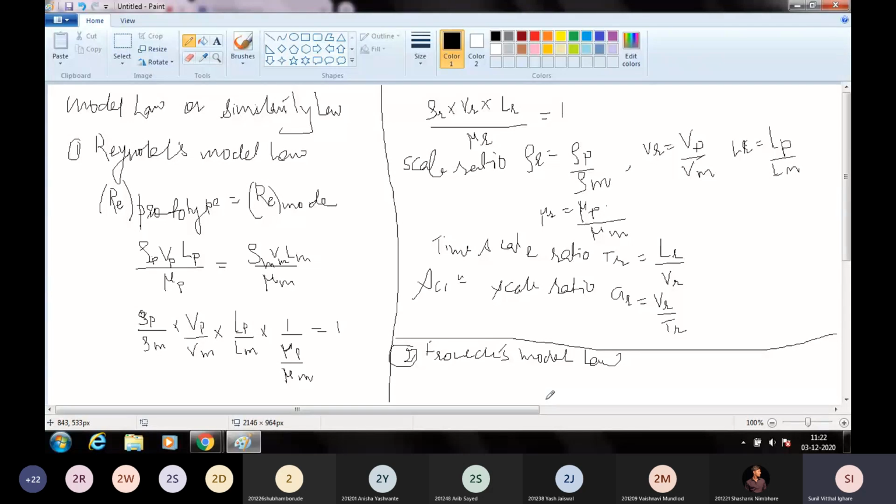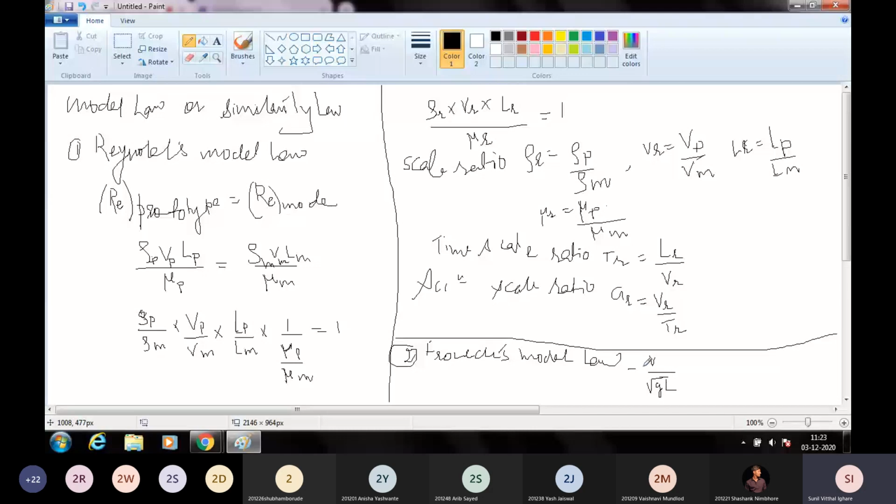The Froude model law is used when the gravity forces are predominant over the other forces for dynamic similarity. Reynolds we use in a closed pipe, or the airplane or submarines. The formula we have derived for the Froude model law is V divided by under root G into L.